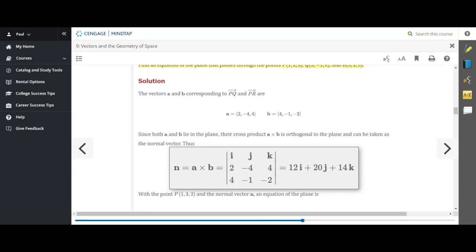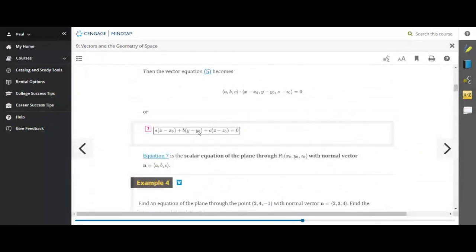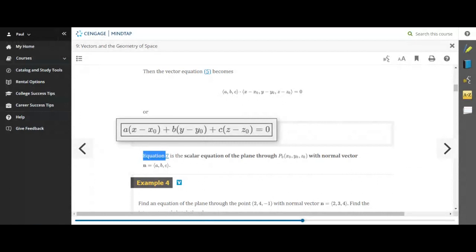Now all you have to do, now that you have the normal vector to the plane and you have a point on the plane, is utilize this equation here. In this equation, which is the equation of a plane, the A, B, and C are components of the orthogonal vector, and x sub 0, y sub 0, and z sub 0 are the coordinates of a point in the plane.